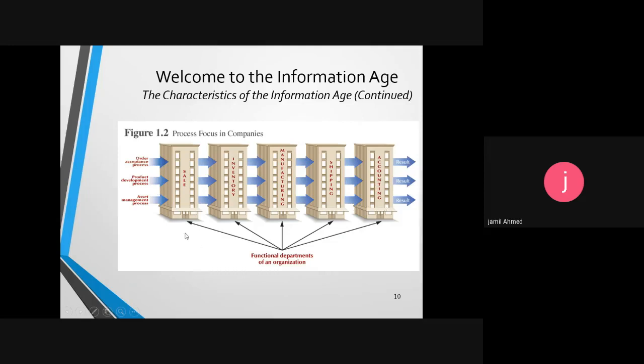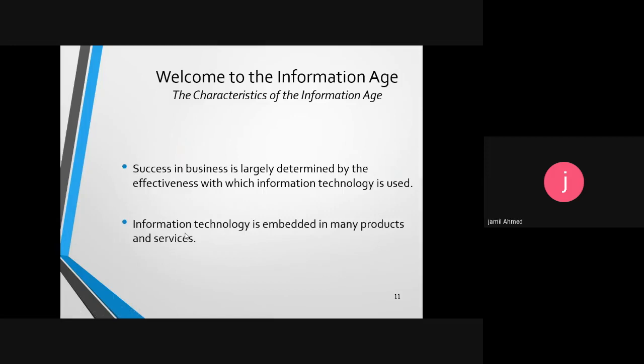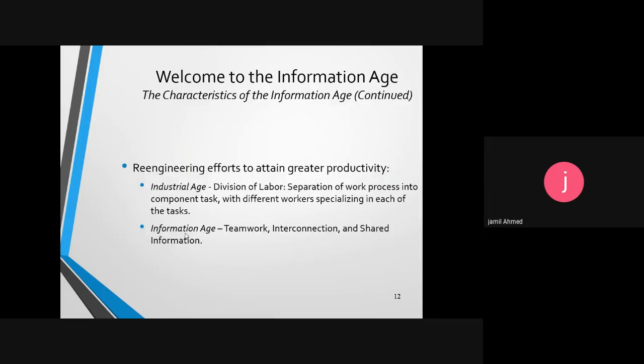So basically, success in business is largely determined by the effectiveness with which information technology is used. Therefore, information technology is embedded in many products and services, and we cannot neglect the role of that particular thing.